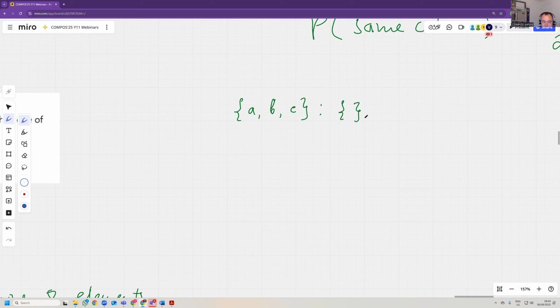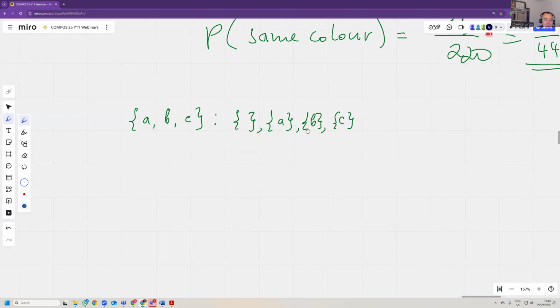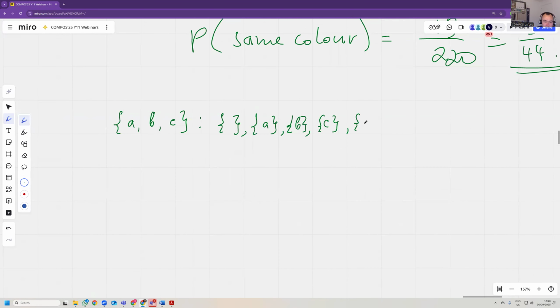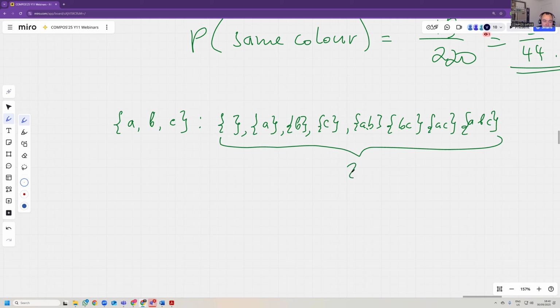So there's the empty set, nothing. There's A, B, C. So that's 4. Then AB, BC, AC, and ABC. So there are 8 possible subsets, which is 2 to the power 3.